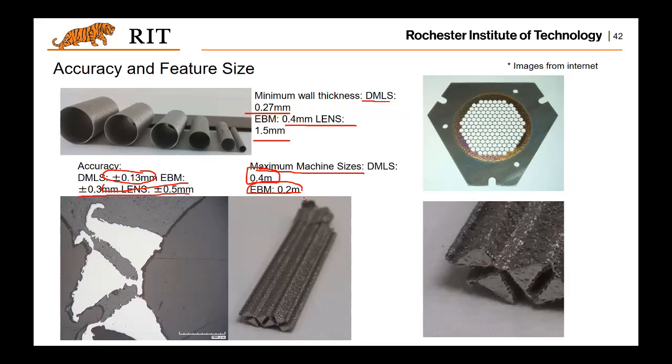It's faster than the DMLS, and that's why this EBM is still in use in many applications. If these considerations of the smaller feature size, accuracy, and the maximum part size are not critical, right?